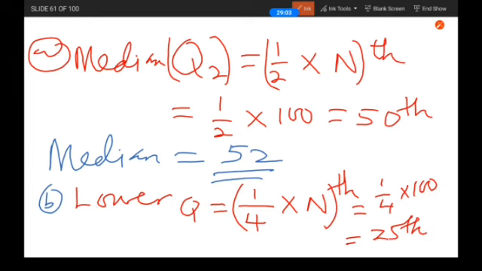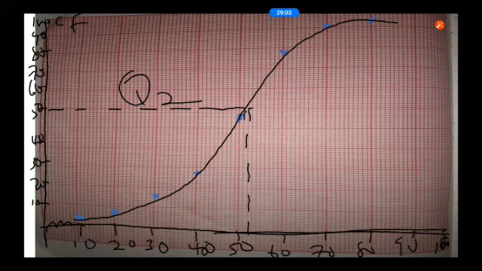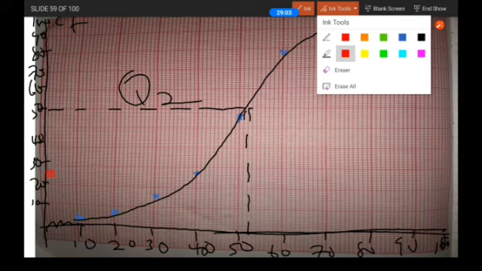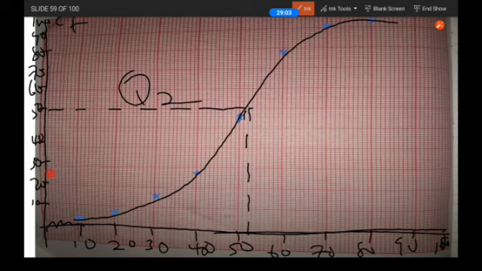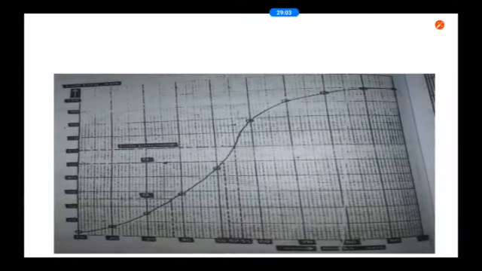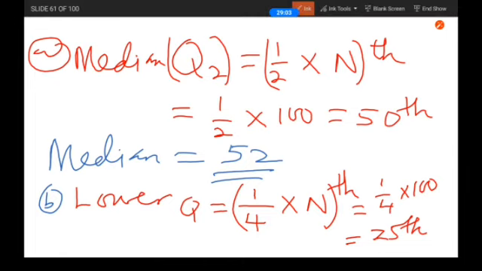So you go and trace the 25th position again. If you trace very well, it will be falling on something like 39 or 38. Please get the graph and draw yours.